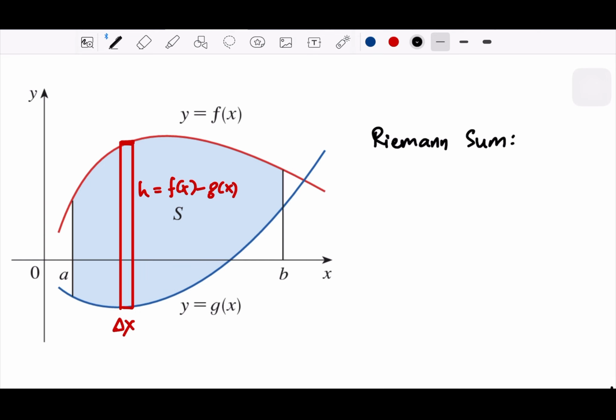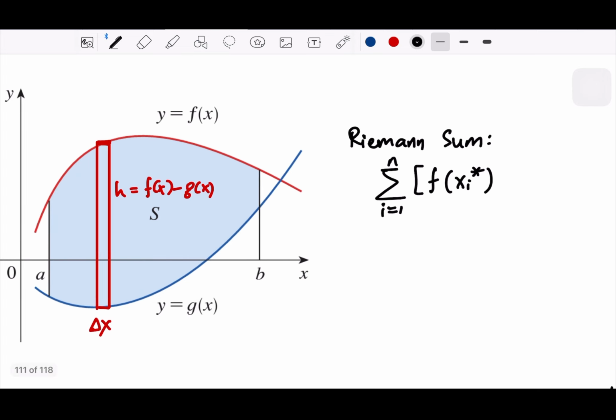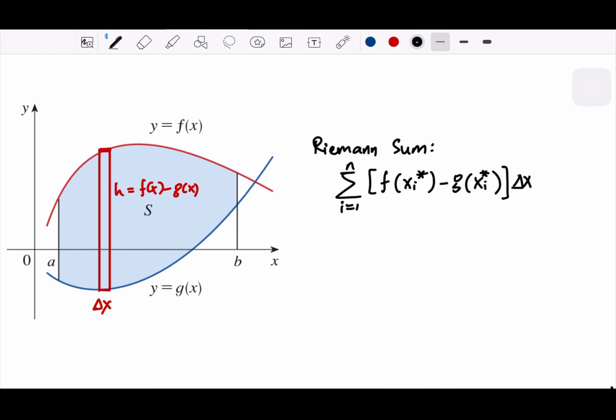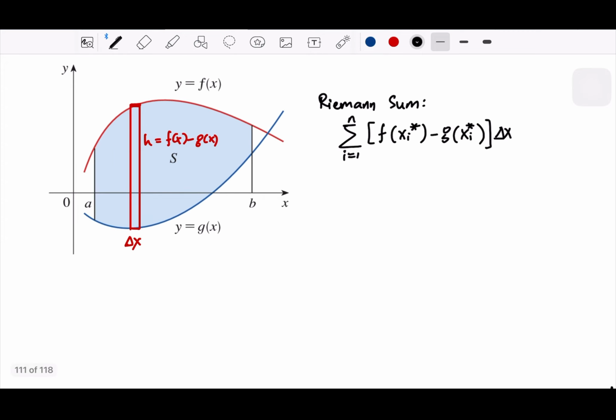So the Riemann sum will be the summation, and every time I'm writing this kind of star or asterisk, this means we take the sample point, so it can be at any point in the area. Okay, so we have this, right? And then we are going to take the same approach as we did in chapter 5.